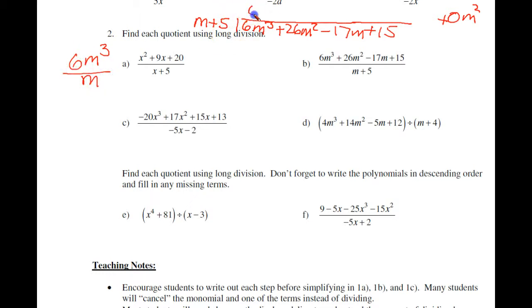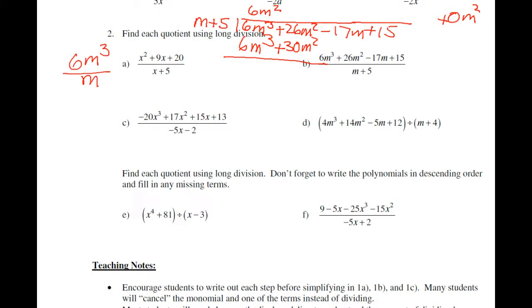Well, that's going to be 6m squared. That's what I do, just take one of the m's away. So now m times this gives me 6m cubed. This times this gives me a plus 30m squared. 5 times this gives me that. Again, you're getting like term columns.